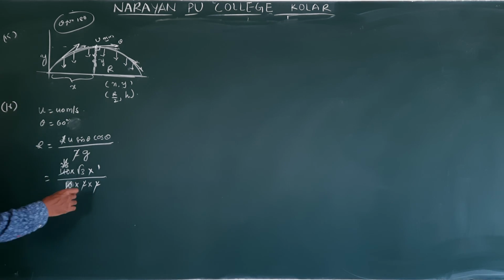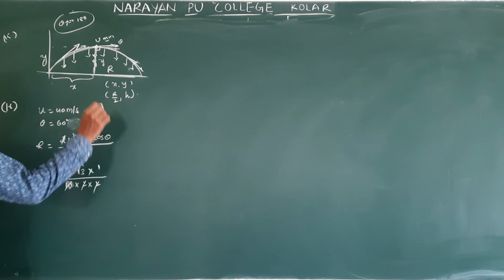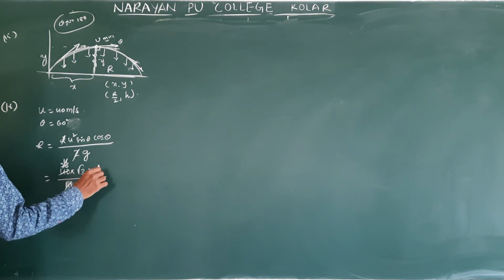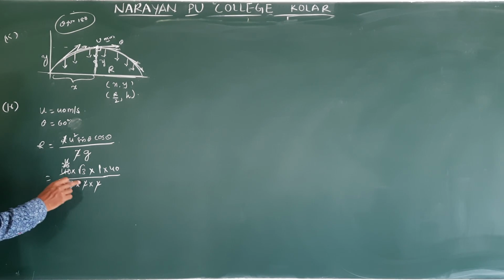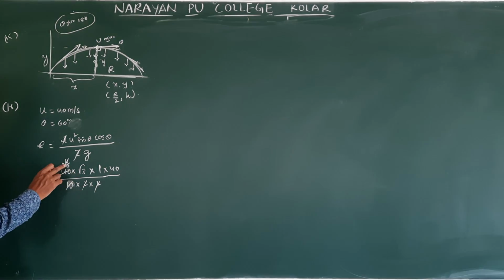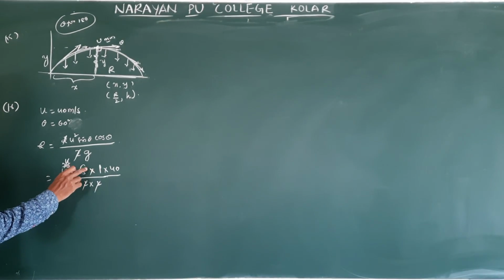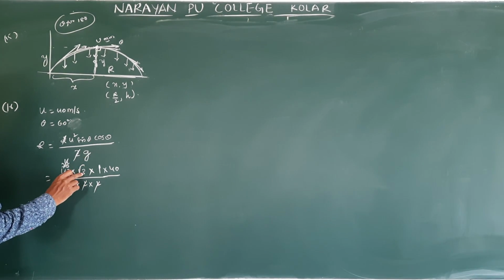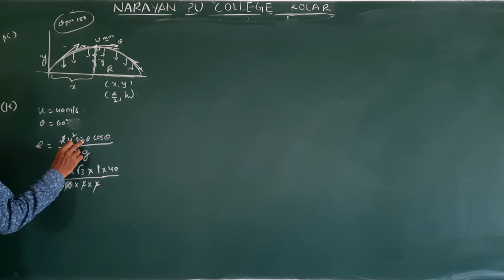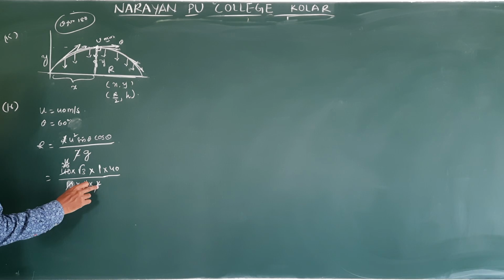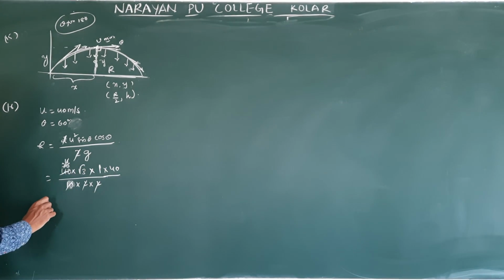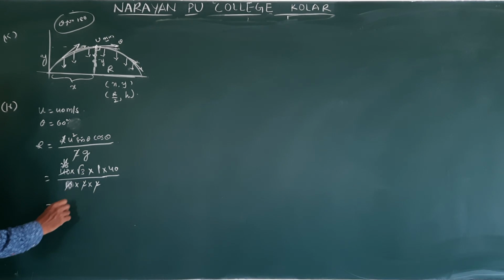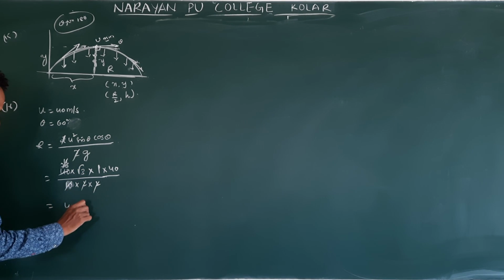U square is 40 into 40, I wrote only 40 here. 1 twos are 20, 2 twos are 10, this 10 cancels. So root 3 by 2 for sin 60, cos 60 is 1 by 2. Understand? Clear? Now what is the final answer? Root 3 into 1 into 40. This is 40 root 3 meters.